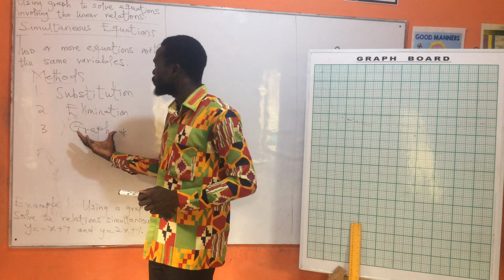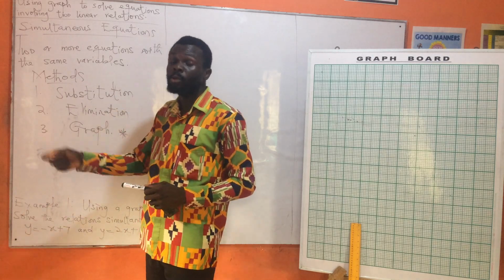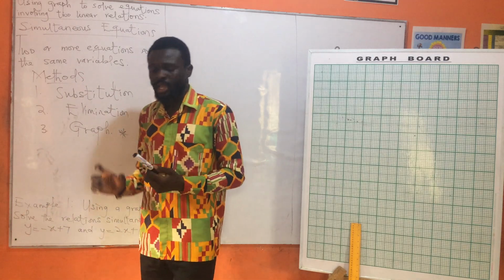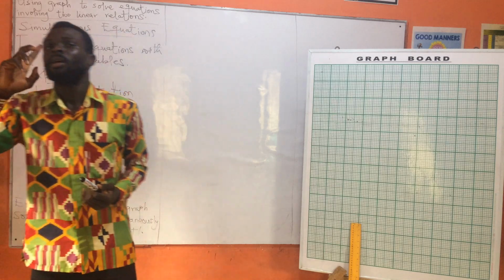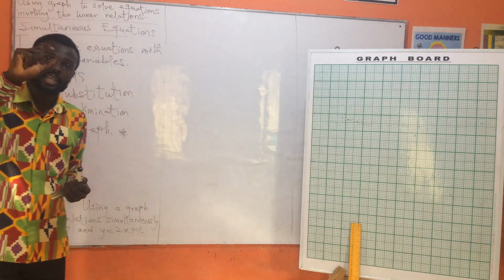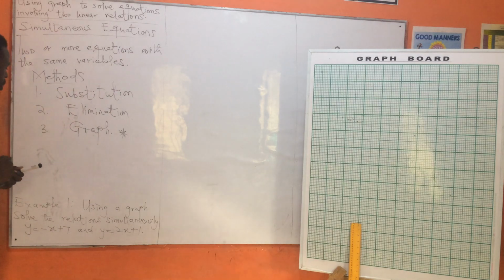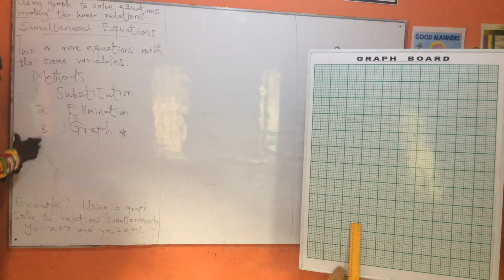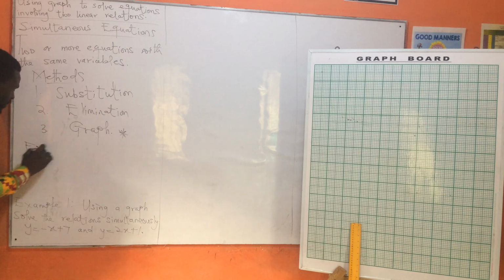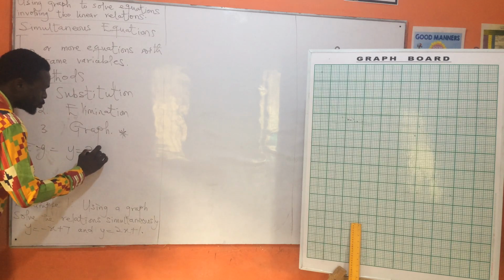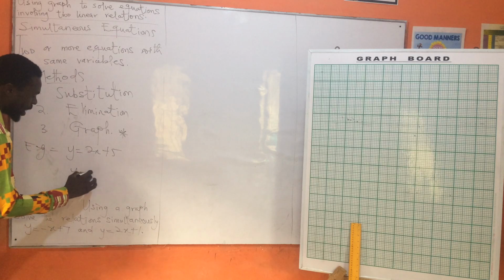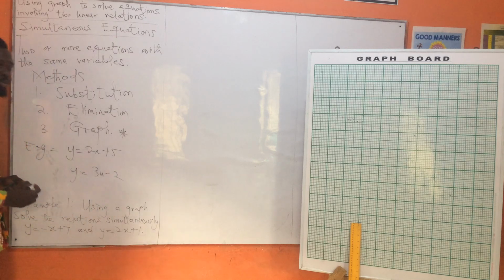When we are solving equations simultaneously using the graph, we need two things from each of the relations. Let's say I have an example: y is equal to 2x plus 5 and y is equal to 3x minus 2.